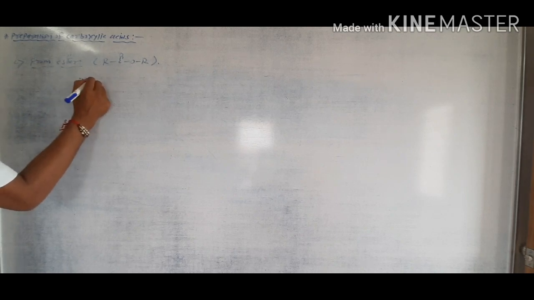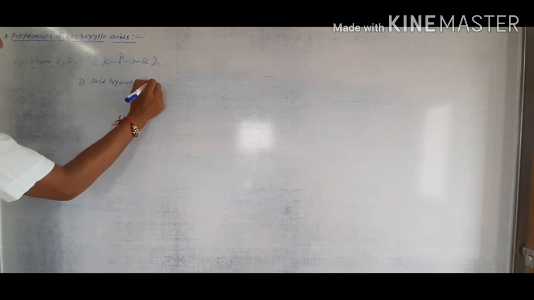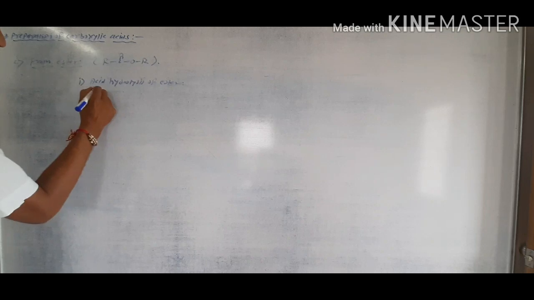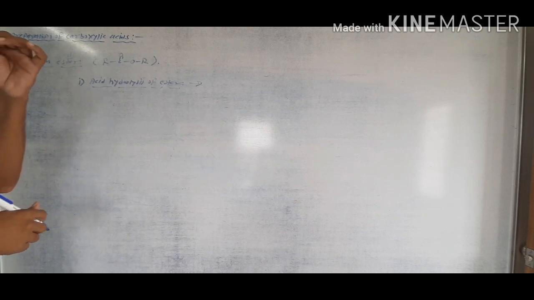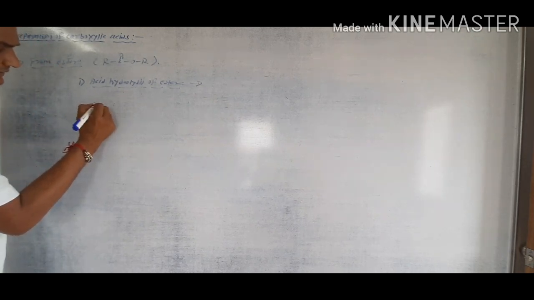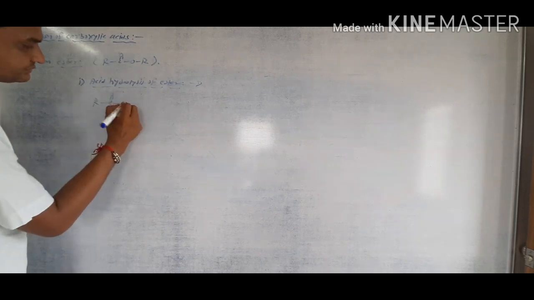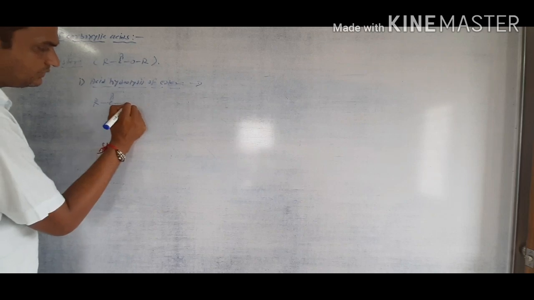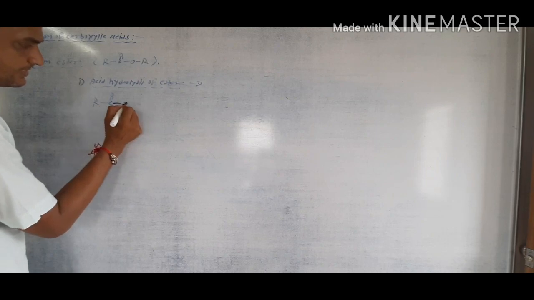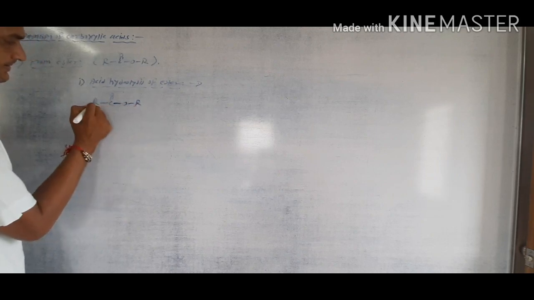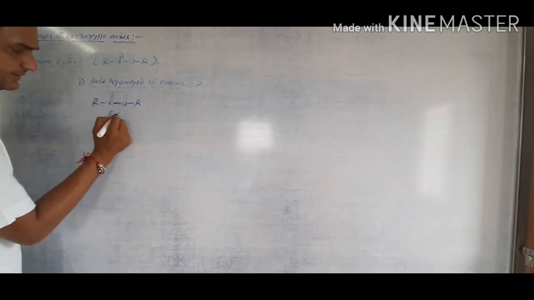First we discuss the acid hydrolysis of ester. The simple method for the preparation of carboxylic acid from acid hydrolysis starts with RCOOR, this one is the ester.